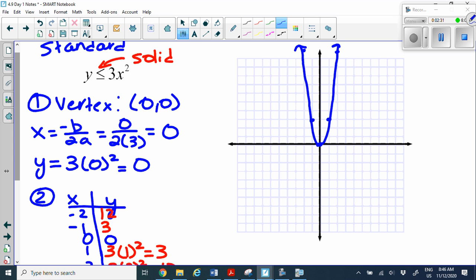Okay, our last thing we need to do is we need to shade. We got to figure out where to do that. So I'm going to pick a testing point that is inside the parabola. So notice here that 0, 0 is actually part of our parabola. So I cannot use that as my testing point. Now I can use any other point that is inside my parabola to see where I'm going to shade.